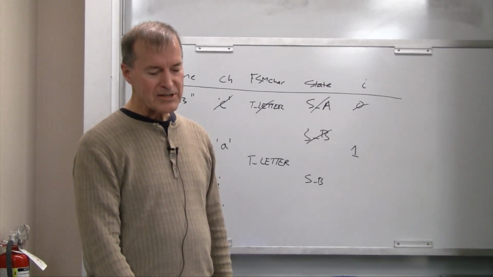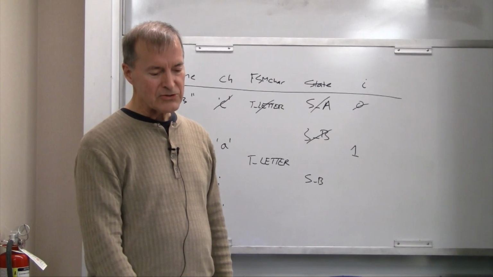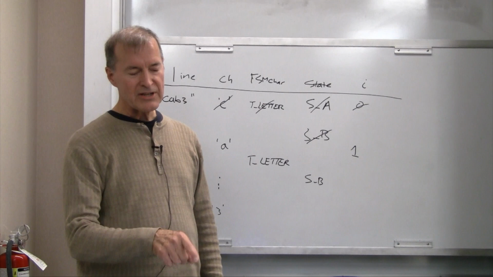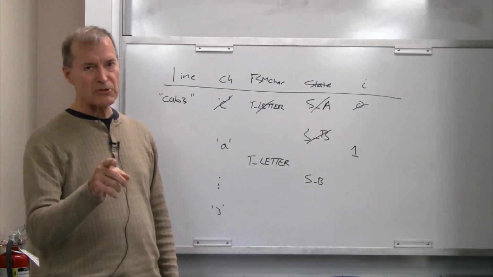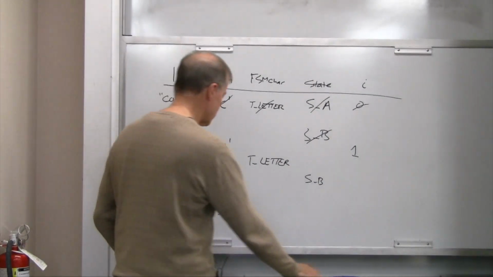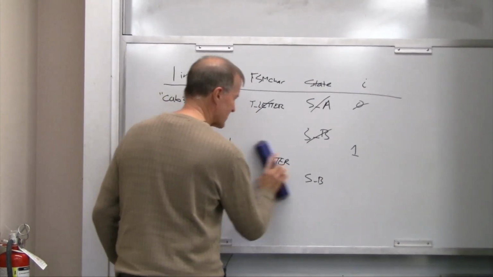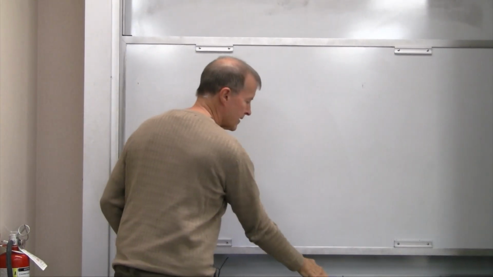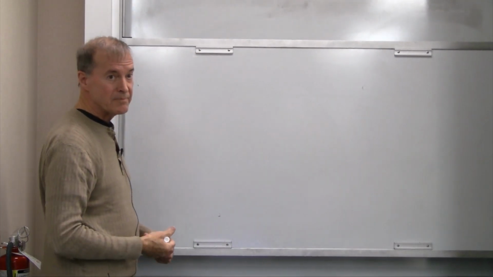Now, I don't think I want to demo this, but can you see this machine has a deficiency that you are supposed to fix in the homework exercise? I don't want to take the time to demo it, but this machine has a deficiency.